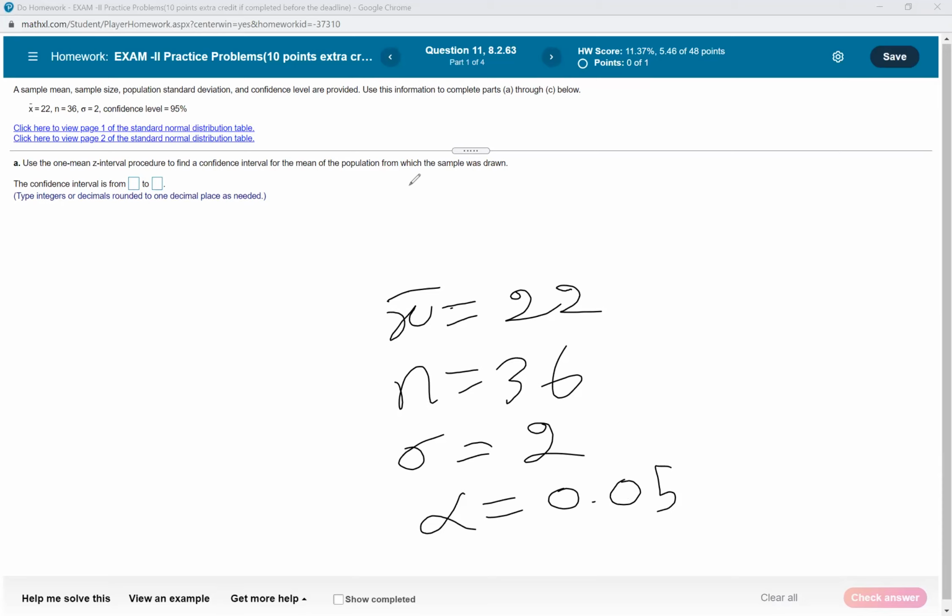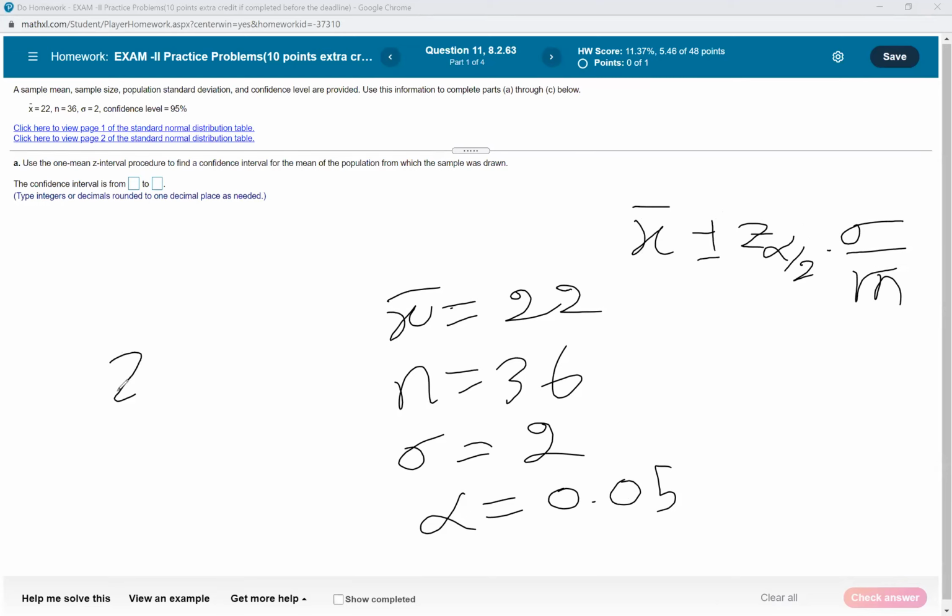So the first thing is to use the one-mean Z interval procedure to find a confidence interval. You have to first find the confidence interval, X bar plus minus Z alpha over 2 times sigma over square root of n.